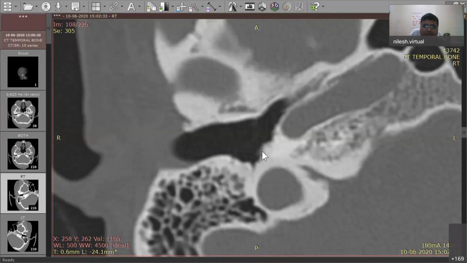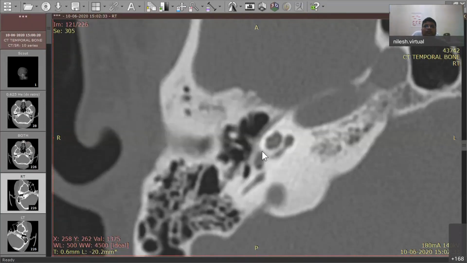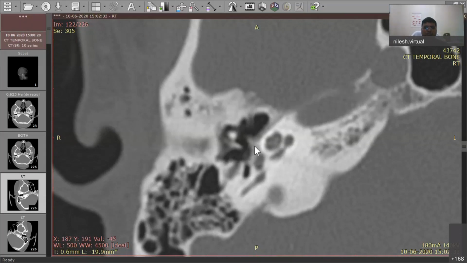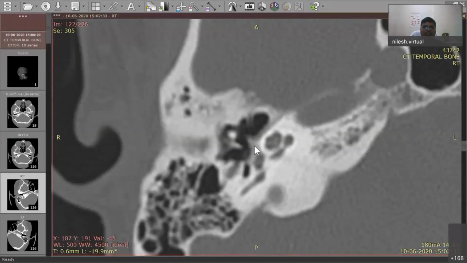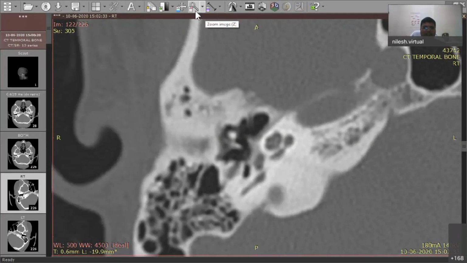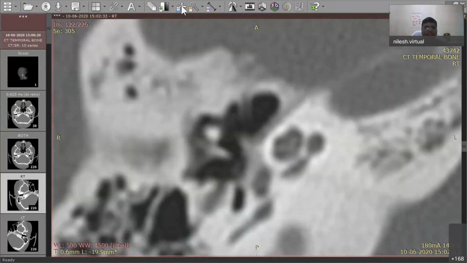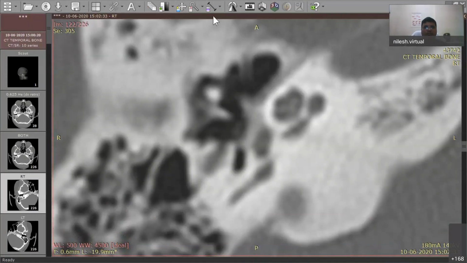So here the otosclerotic focus is already there. There is no doubt that this is a case of otosclerosis. If you want to measure the thickness of the footplate, you can measure. So see here, generally up to 0.6 mm footplate thickness is normal. Anything more than 0.6 mm, you have to label it as a thick footplate. So here it is already almost 0.9 mm.